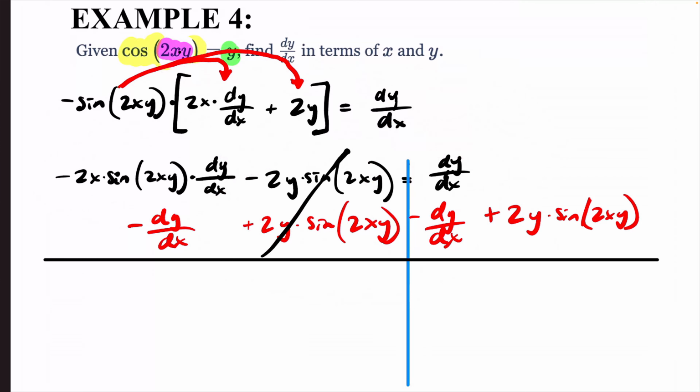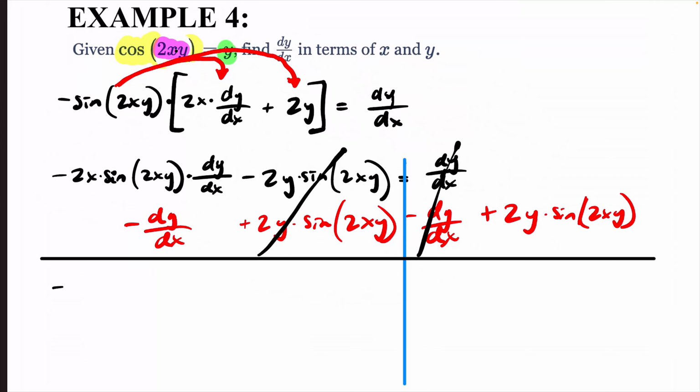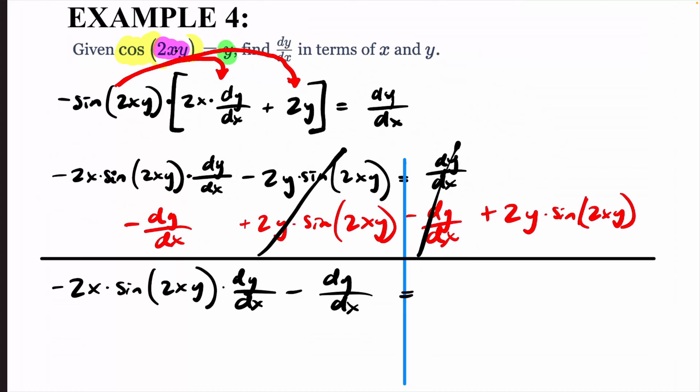So those guys will go away, and those guys will go away. So I'll have negative 2x times sine of 2xy dy over dx minus dy over dx.